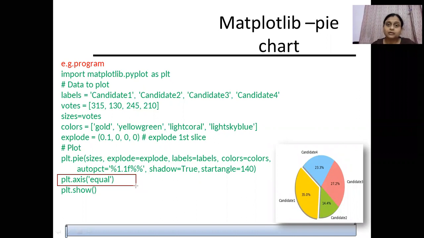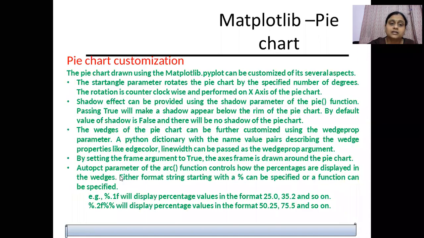It may not be 100%, but maybe an oval shape. Clear? If we want to divide the axis equally, then we have to write plt.axis equals, and the last one is plt.show. It is compulsory to display any graph. I think it is clear.